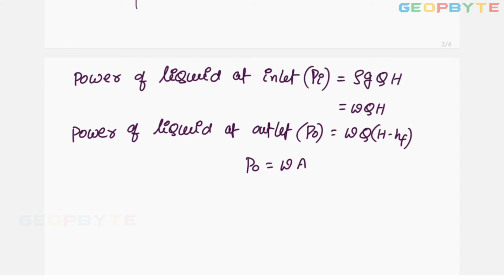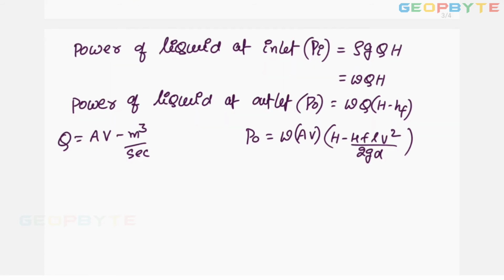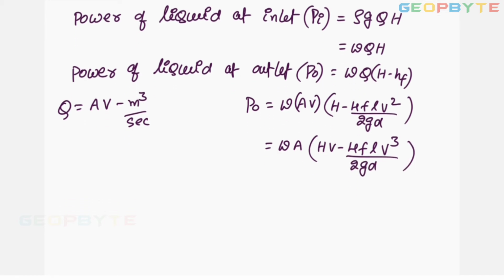Q can be written as area of the flow multiplied by velocity of the flow, because discharge Q equals the product of area and velocity, which is in meter cube per second, multiplied by total head minus HF according to Darcy formula, 4FLV square by 2GD. It can be also written as specific weight of water multiplied by A. You bring the velocity inside: HV minus 4FLV cube by 2GD. That is the output power.